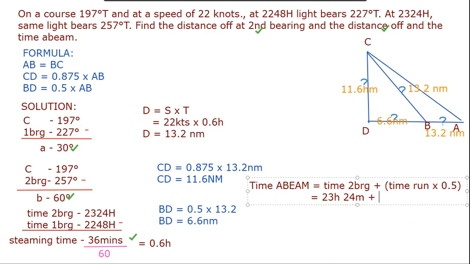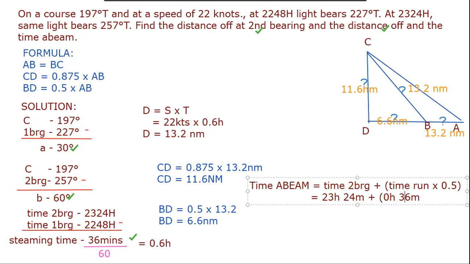Time run natin, sabi natin dito, time run is 36 minutes. So, dahil magagamit natin yung 36 minutes, huwag natin ilagay 0.6. So, 36 minutes gamitin natin. So, ibig sabihin, kapag sa calculator yan, 0 hours and 36 minutes. Baka lang malito kayo sa unit.